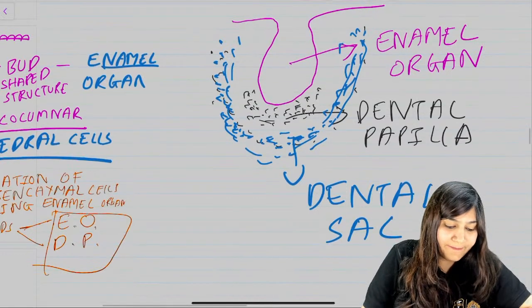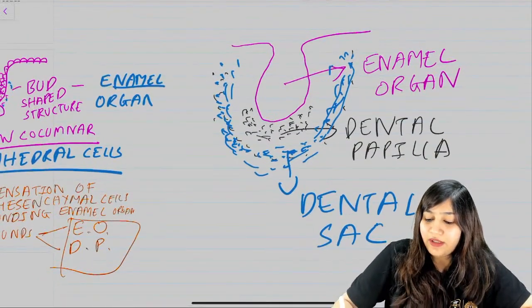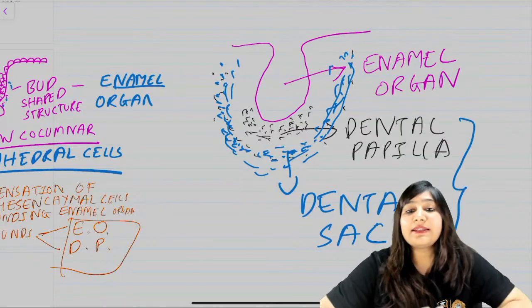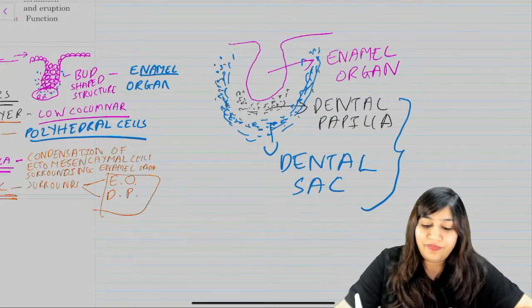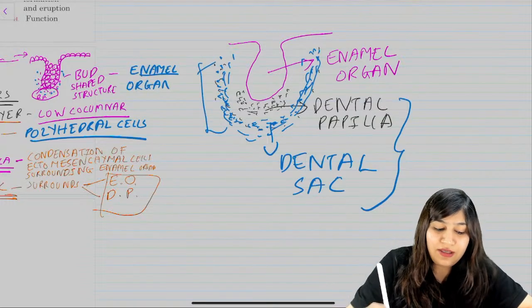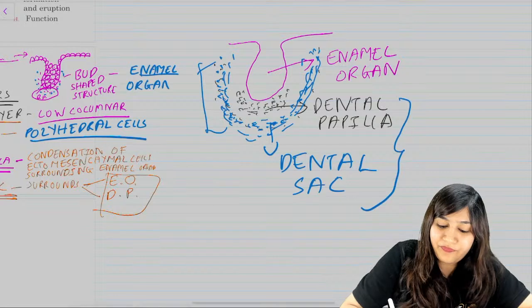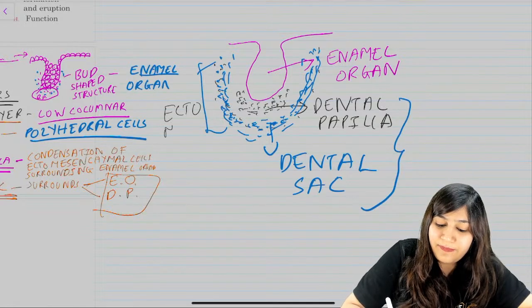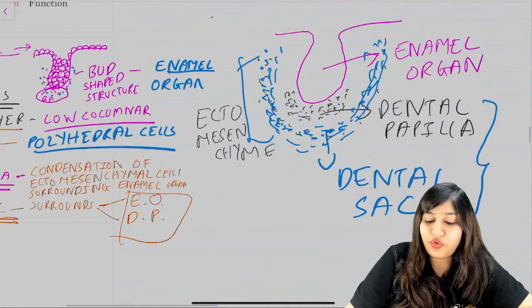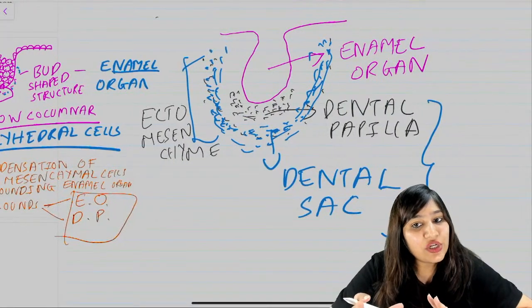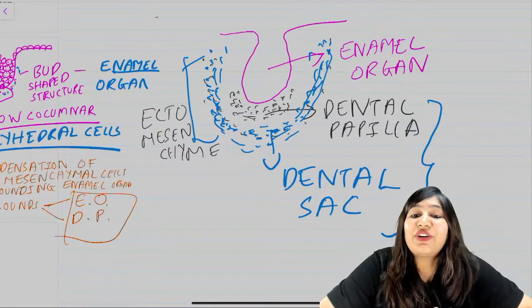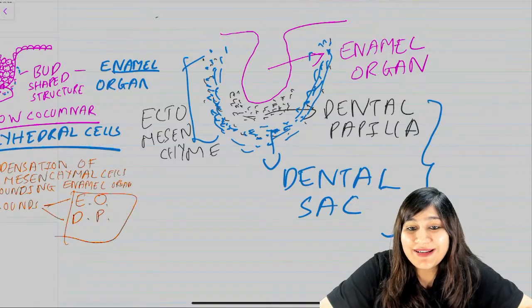Now can you tell me whether this dental papilla and dental sac are ectodermal structures or ectomesenchymal structures? This whole is our ectomesenchyme. So basically dental papilla and dental sac are ectomesenchymal structures, and ectomesenchyme is derived from neural crest cells.